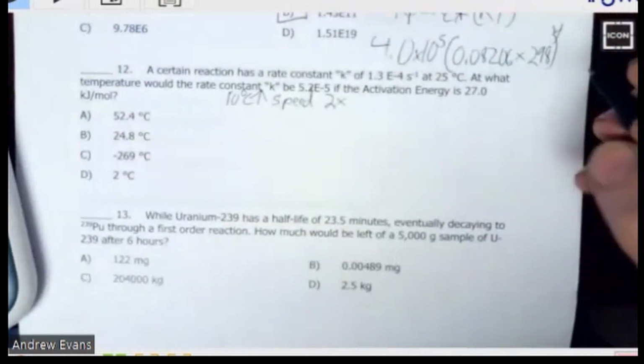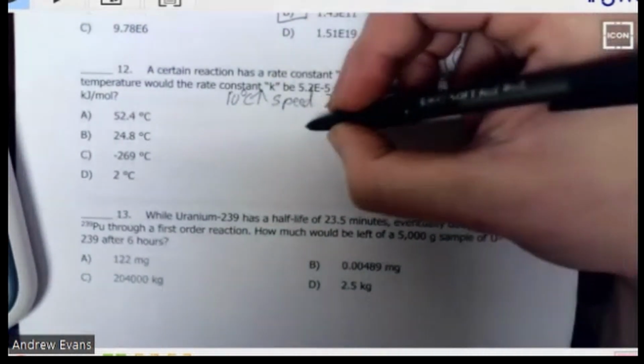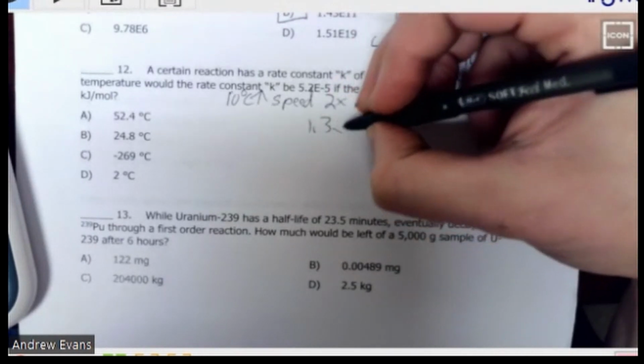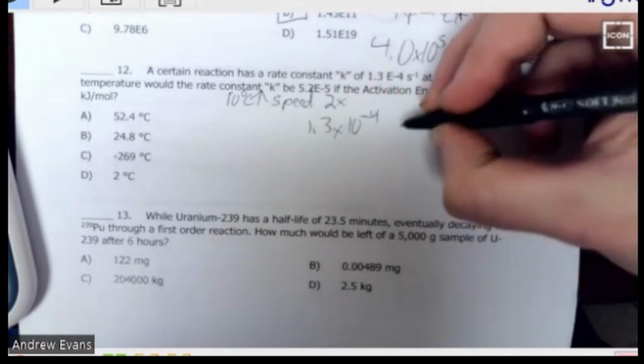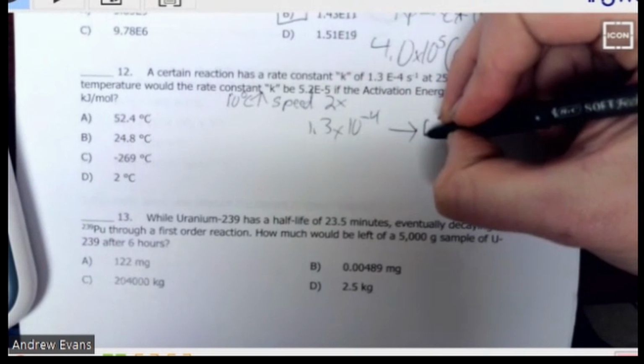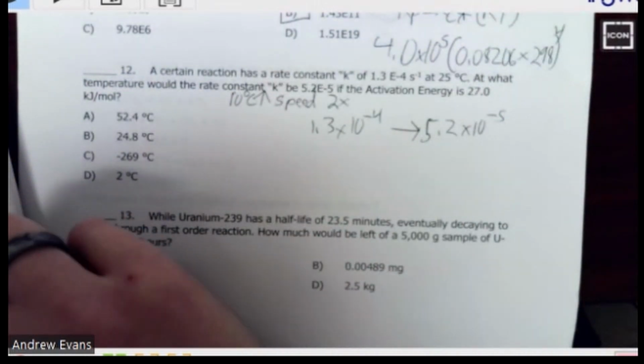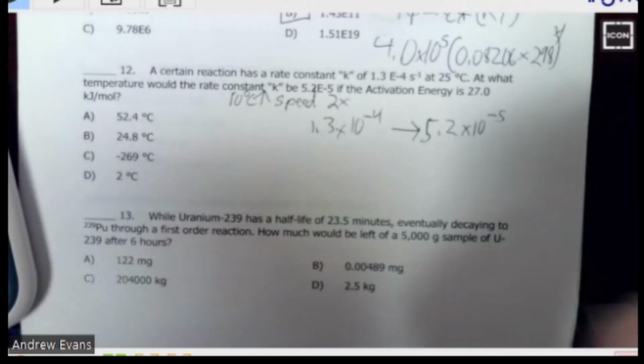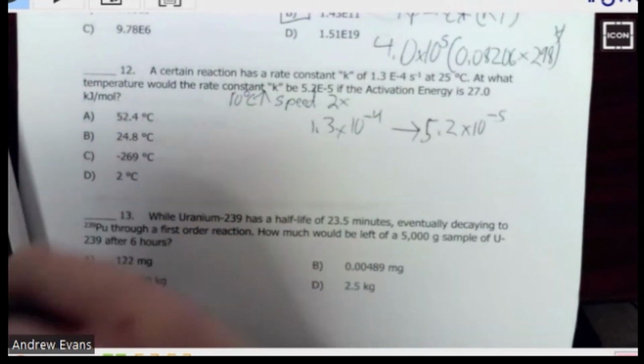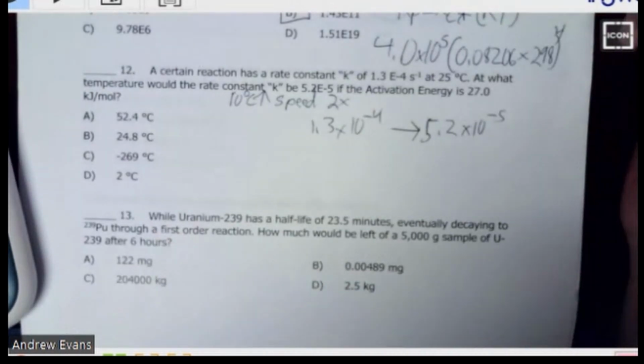So if I go from 1.3 times 10 to the negative fourth to 5.2 times 10 to the negative fifth, it's essentially going from 13 to 5. 13 divided by 5.2 is a little bit over 2.5 times.